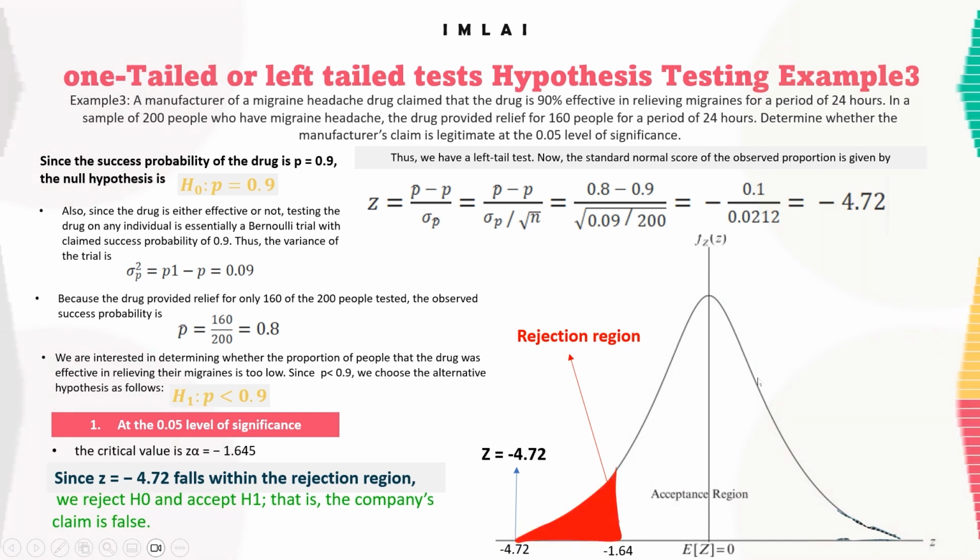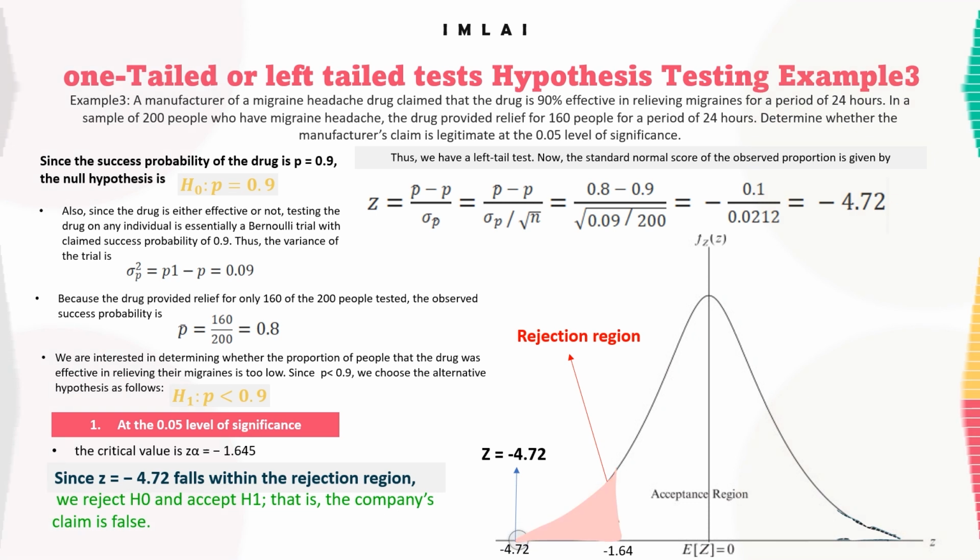Since z equals minus 4.72 falls within the rejection region, we reject the null hypothesis and accept the alternate hypothesis, that is, the company's claim is false.